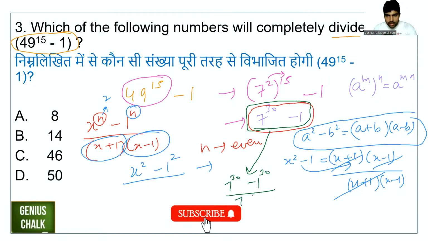And this is divisible by 7 plus 1, where x is 7 and 1 is the same as 1, and this is divisible by 7 minus 1 as well. So can I say 7 to the power 30 minus 1 is divisible by 8 and 6? So which option do we have here? 8. So that is my answer.